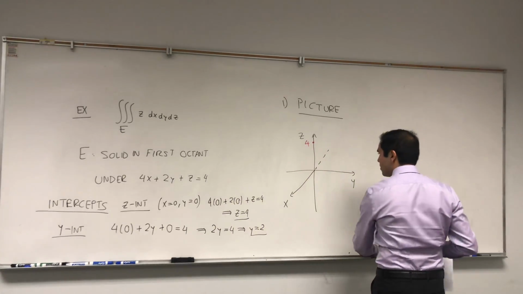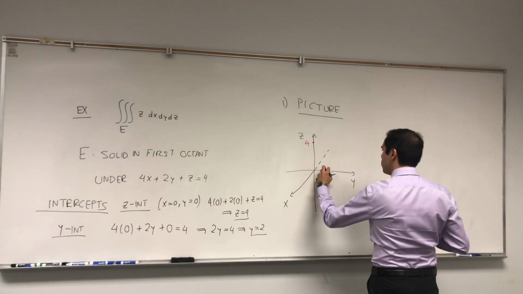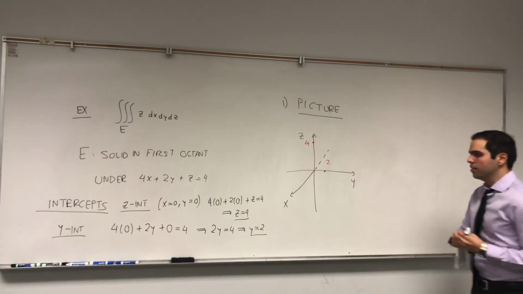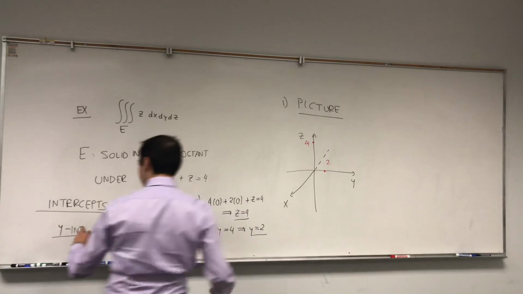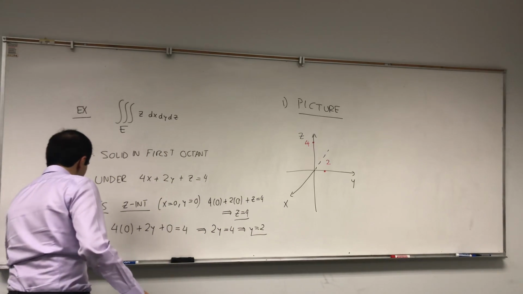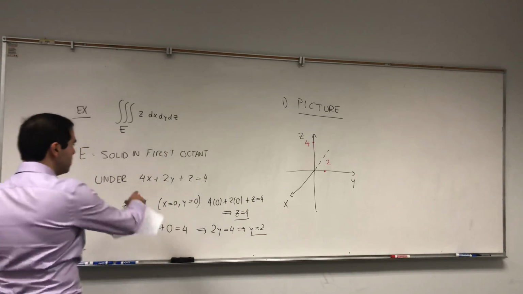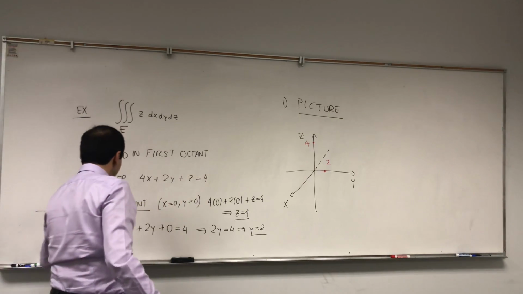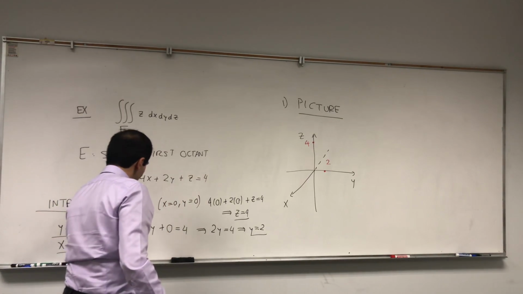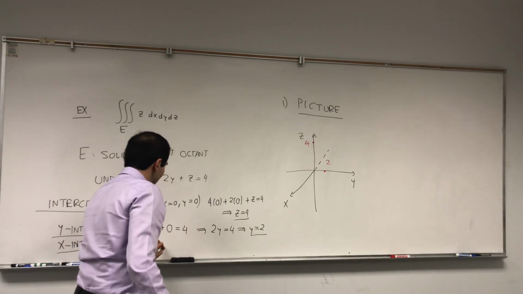So it cuts the y-axis in the point 2. Last but not least, let's do the x-intercept, which means you set y and z equal to 0, and ultimately you get 4x equals 4, so x equals 1.